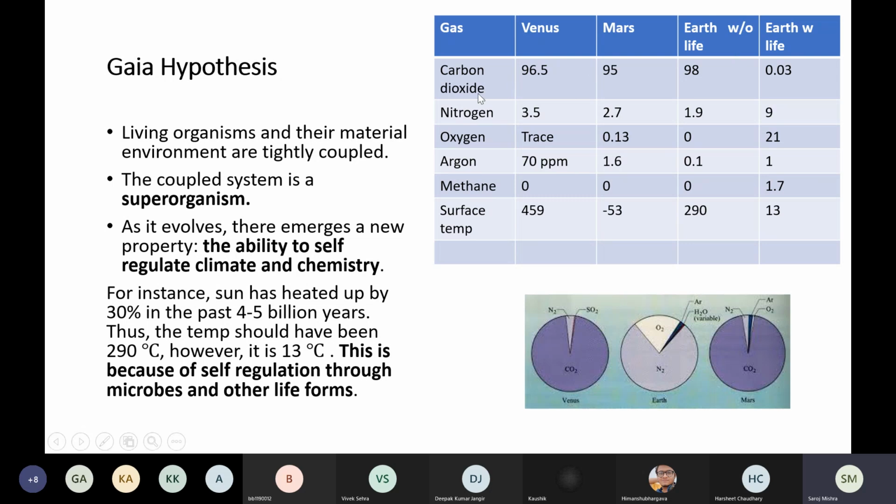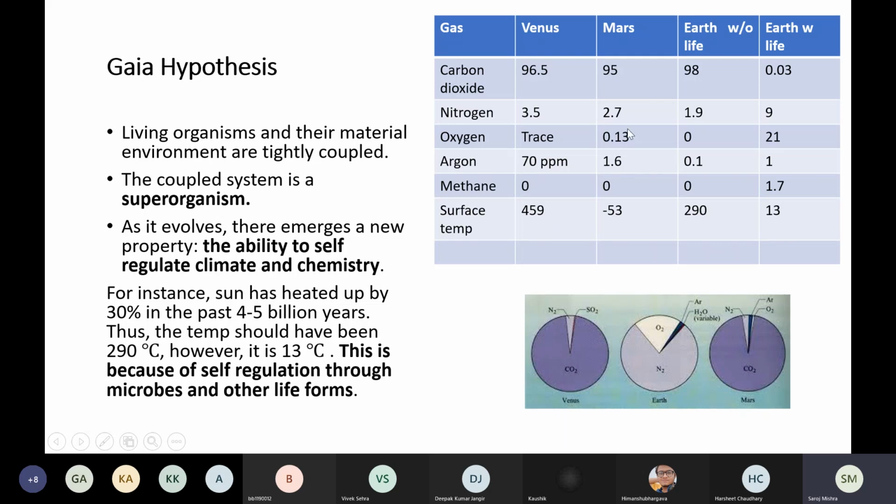So if we look at the gaseous composition, you see that carbon dioxide is 96.5%, nitrogen 3.5%. Oxygen, only traces of oxygen are present on Venus. Argon, 70 ppm, methane, surface temperature 459 degrees centigrade.